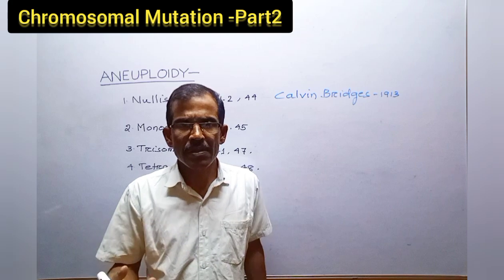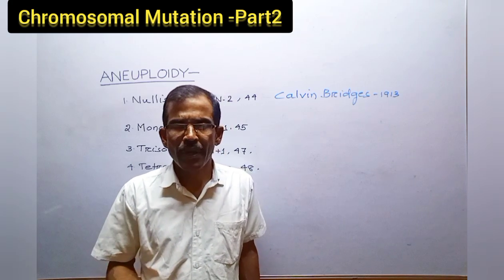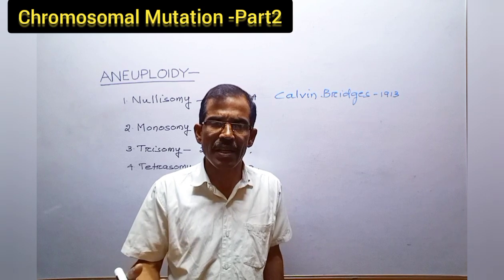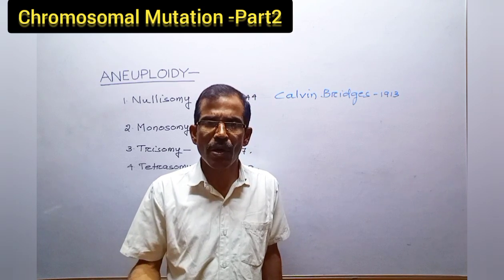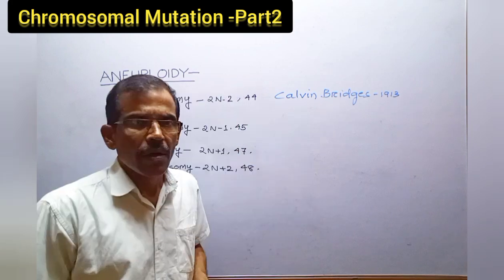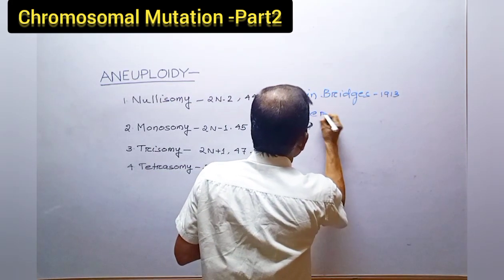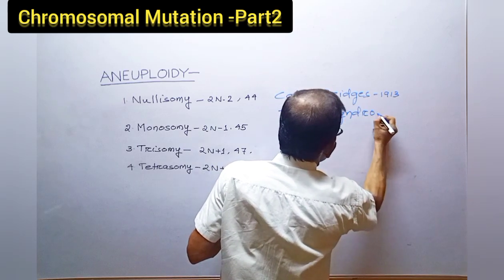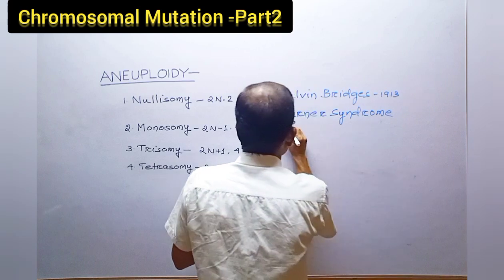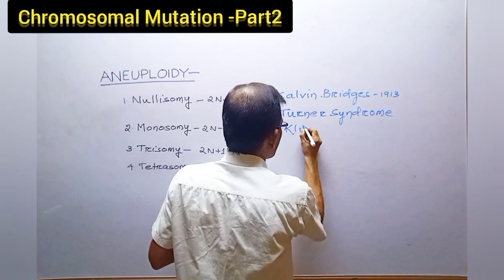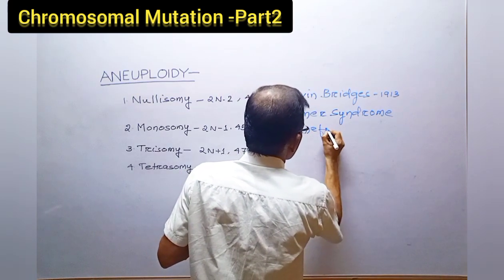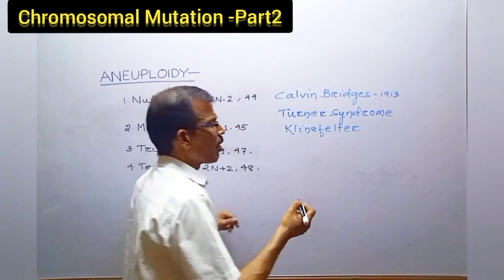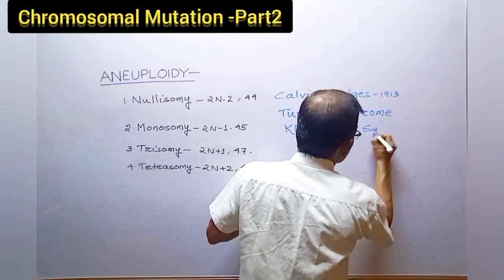Like other mammals, in human beings too, aneuploidy of sex chromosomes is better tolerated than the aneuploidy of autosomes. For example, Turner syndrome and Klinefelter syndrome result from the aneuploidy of sex chromosomes.